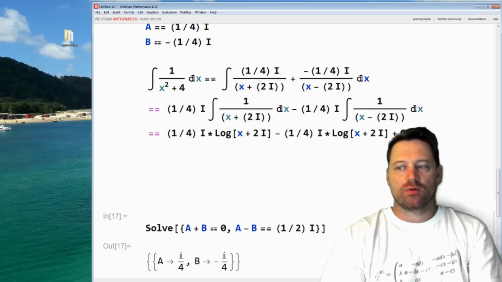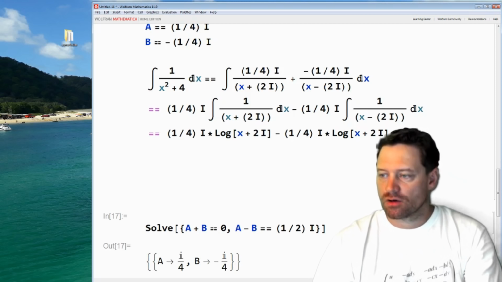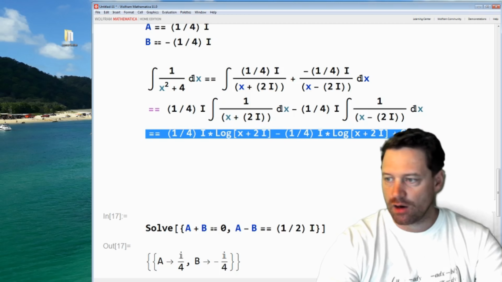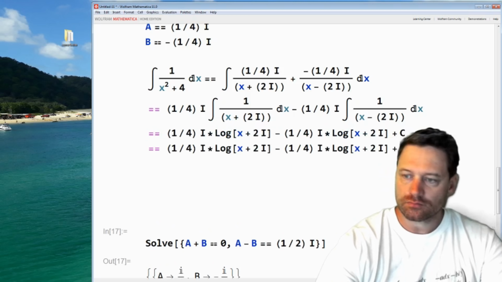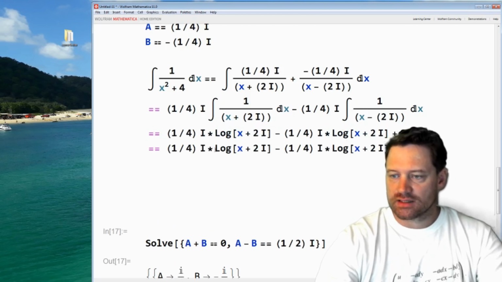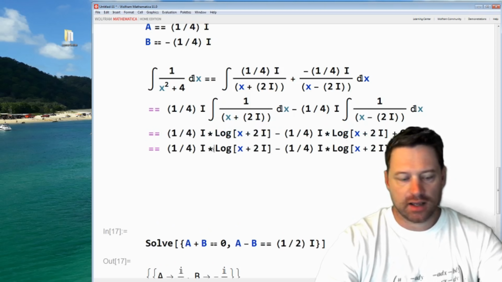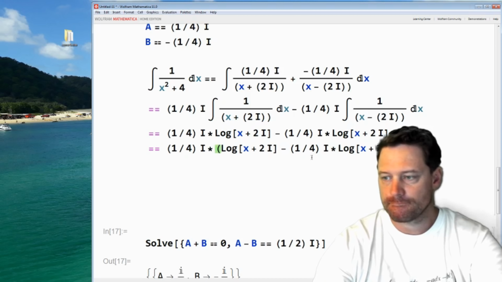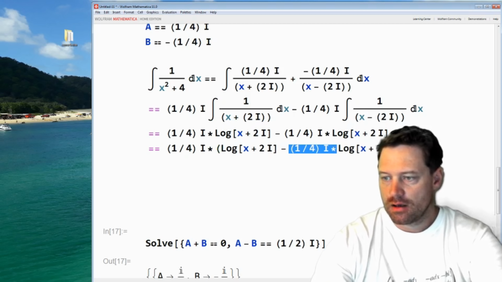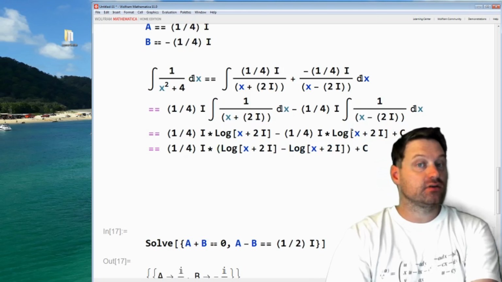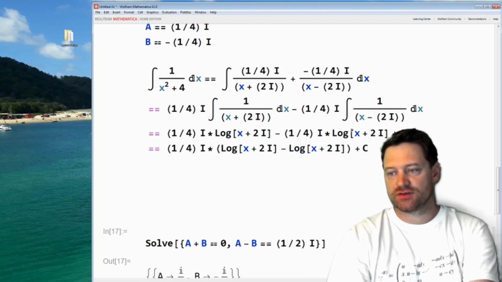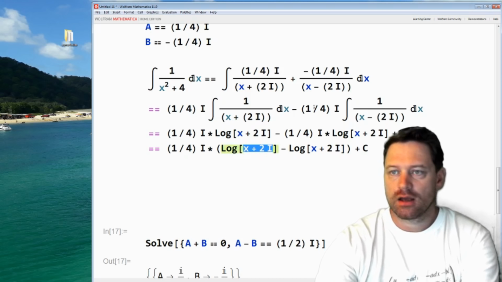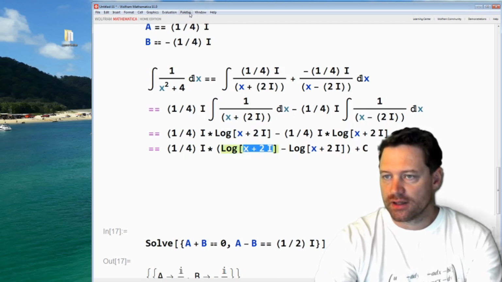Okay, now you might want to remember log rules. Okay, but we can factorize out this 1/4 of i. Okay, so let's do that. All right, now we've got a difference of 2 logs. So when you have a difference of 2 logs, you can express that as the log of a fraction.